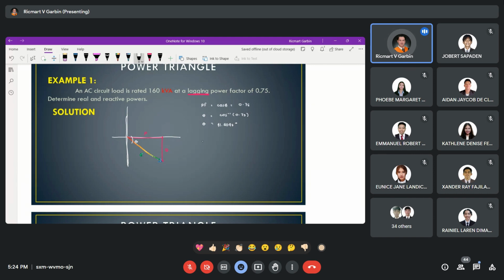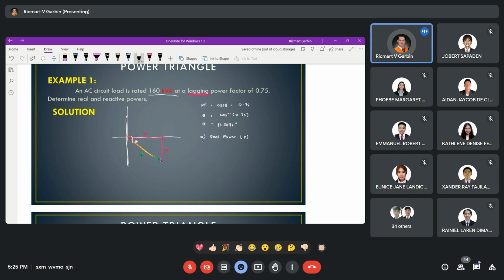Paano natin makukuha yung real power? Pag sinabi nating real power, that is P. In terms of the triangle, ano yung may value na natin? Ang may value natin ay yung S at saka yung angle. So anong identity ang pwede nating gamitin para dito? Paano natin isosolve yung real power na P in terms of S and angle?